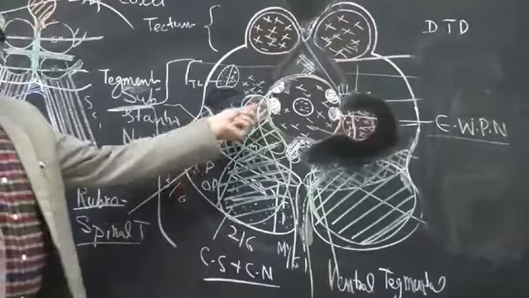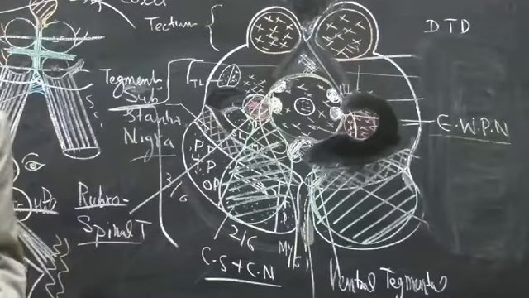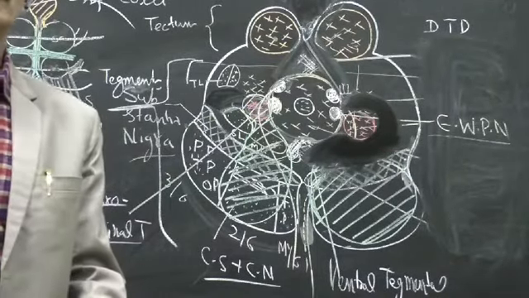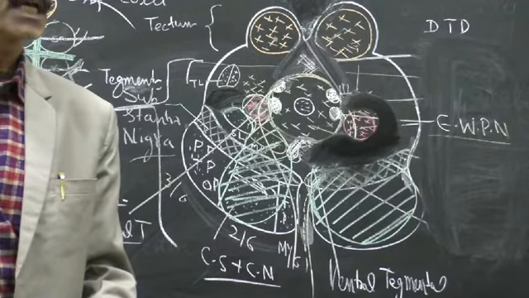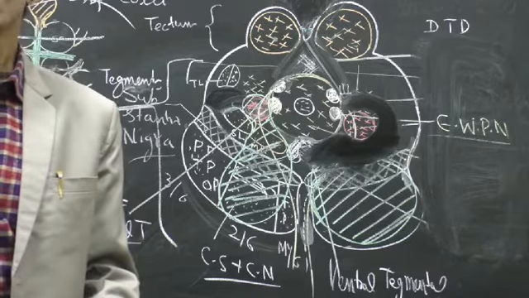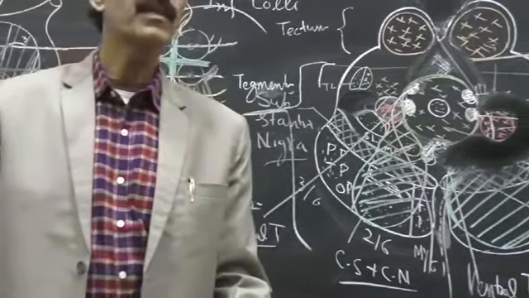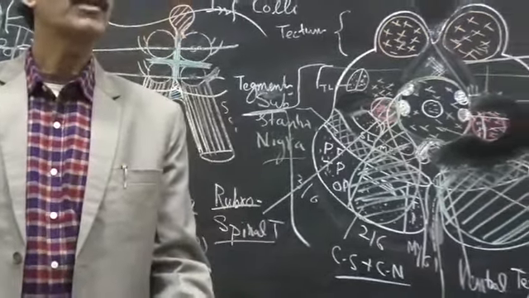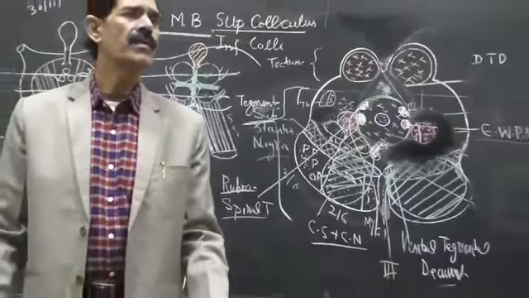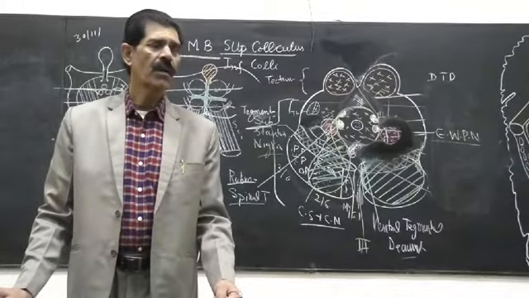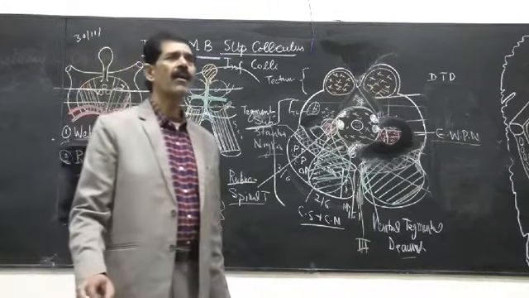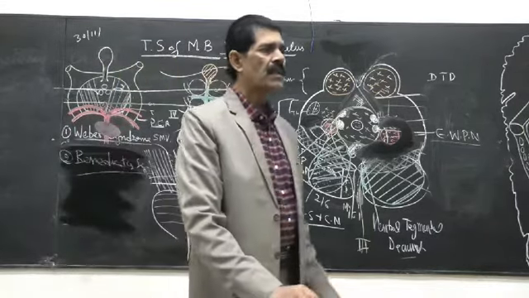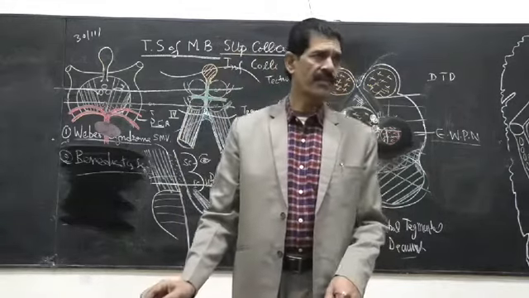Now the involvement of the red nucleus: as we know, the function of the red nucleus is related to the cerebrum, cerebellum and basal ganglia, so it is all well connected. It is responsible to maintain the tone of the muscles, because the rubrospinal fibers accompany the ventral horn cells and the motor nerves.